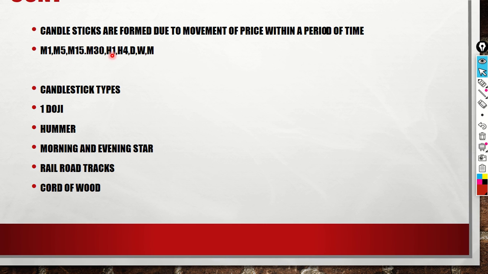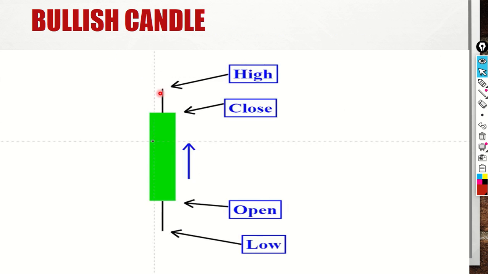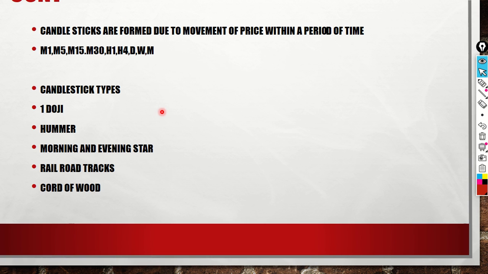So we have some candlestick types. Each candlestick differs from another depending on the size of the body and the size of the wick. This is what we call a wick, the black string on a candlestick. That black line popping from a candlestick is called a wick.